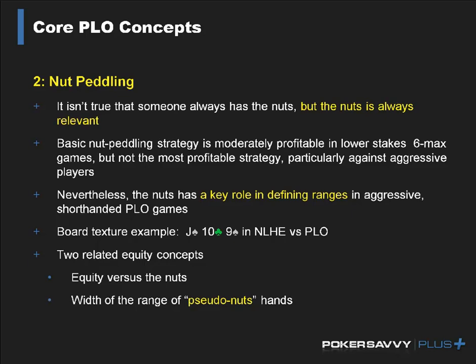And the easiest example I can come up with is on this board, ace king of spades, ace king XX of spades, versus queen 8, the second nut straight. Those hands are basically a stone coin flip against each other. It's literally like 50.3, 49.7, depending on the side cards, if you choose random side cards.